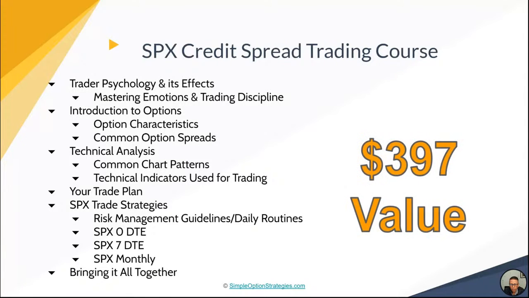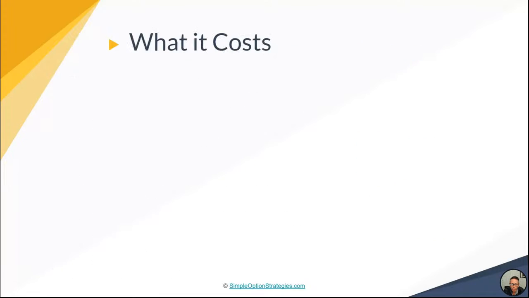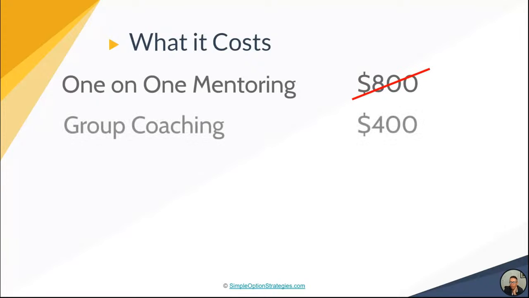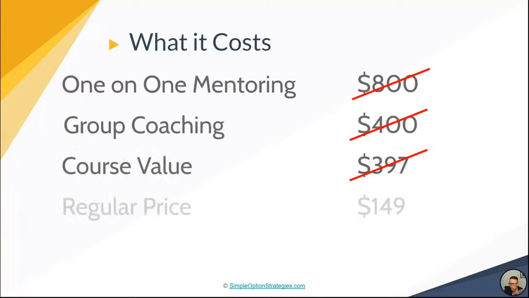It's really about a $400 value. I was able to bring it down because the one-on-one mentoring I was charging $800 for, and I did have demand for that at that time. Then I brought it down to group coaching, a group of 20, that only had to pay around $400. The course value is about $400.